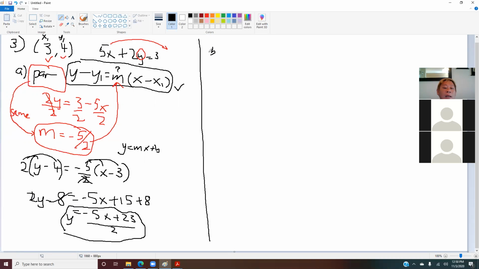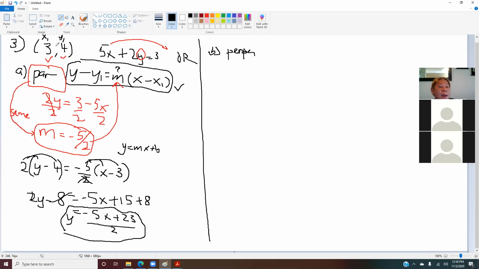In part B, you will do perpendicular. Now, in your test, you only get one of these. It is either parallel or perpendicular, which means I won't give you both A and B. You only do one. So in your test, make sure you read the question carefully. Are we doing parallel? Are we doing perpendicular?